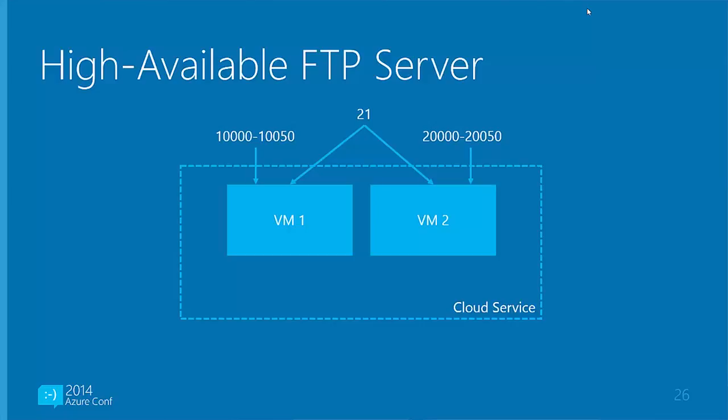Set up the required ports for the passive FTP, and then have all the FTP servers point to the same Azure file share. And so that's how easy it is to set up a high available FTP server.